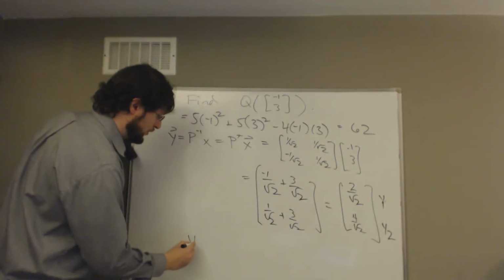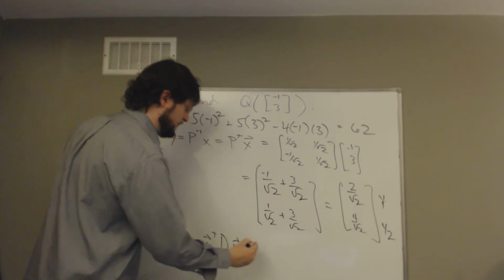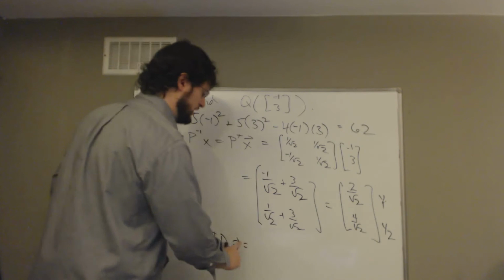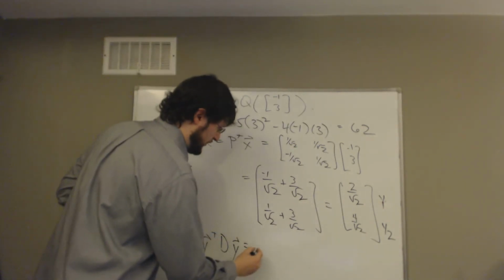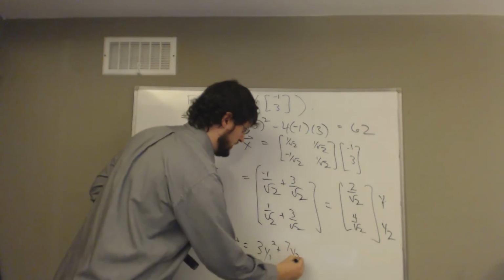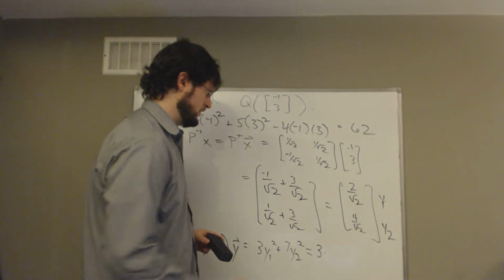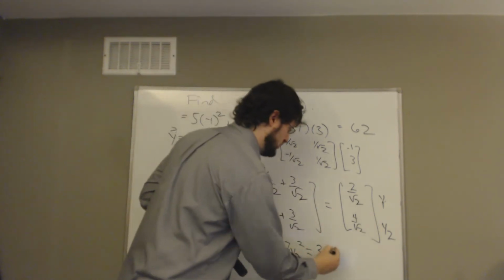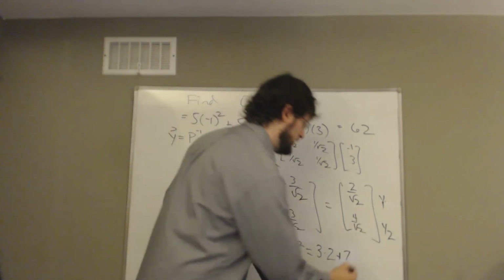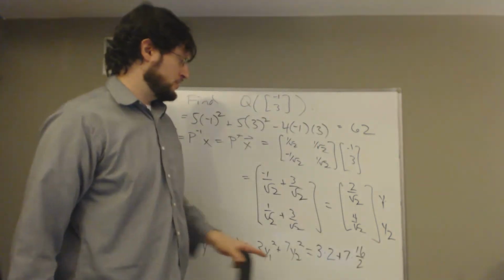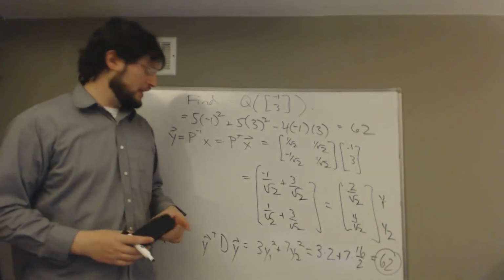If I take y transpose times the diagonal matrix D times y, according to our understanding, remember our diagonal matrix was 3 and 7, so that's 3 y1 squared plus 7 y2 squared, which in this case gets us 3 times 2 over root 2 squared, which is 4 over 2, which is 2, plus 7 times 4 over root 2 squared, which is 16 over 2, which is 8, which gets us 56 plus 6, which is 62 as before. So we get the same thing either way.